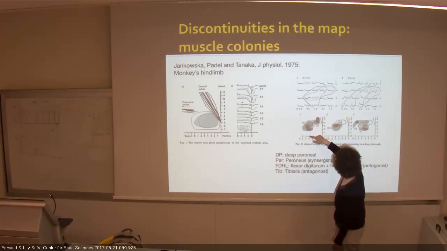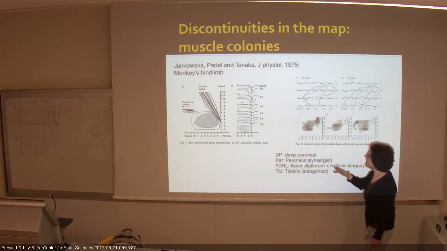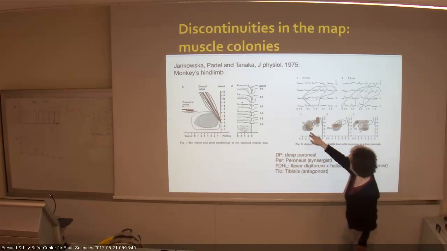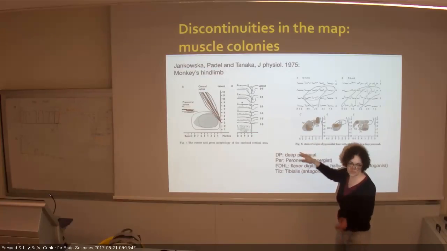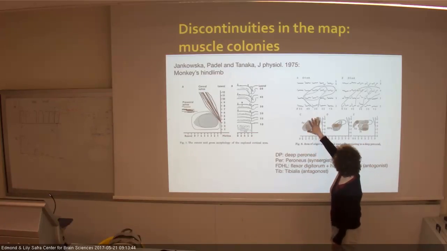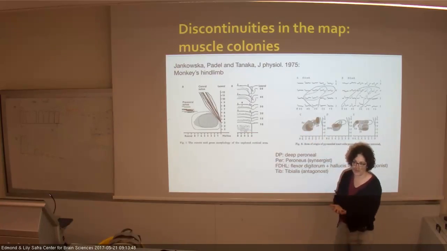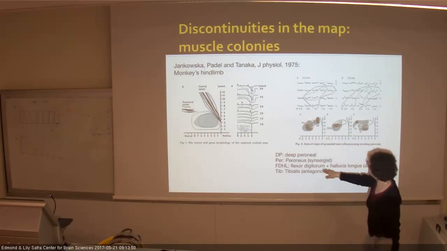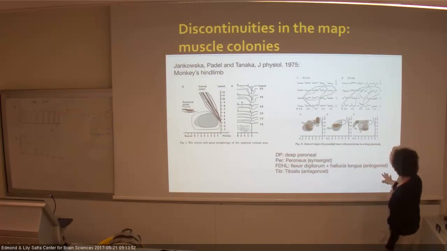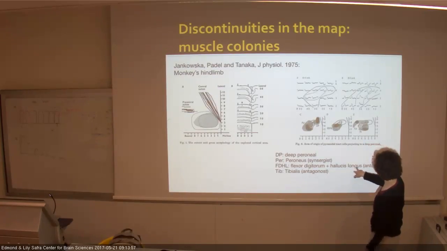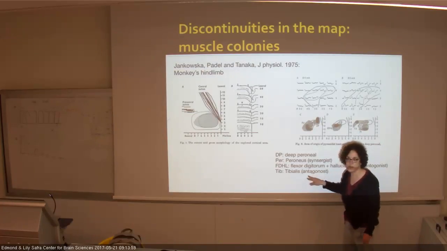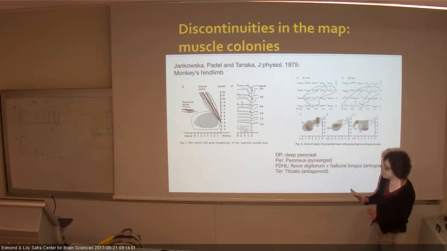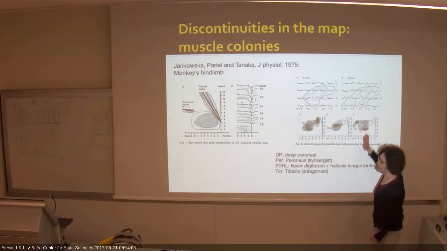In the continuous line, you see the input to these specific motor neurons, but if you compare it to areas that innervate the peroneus muscle, which is a synergist muscle, you can see, first of all, that peroneus has two patches of stimulation, and also there is a great overlap. But even if you look at antagonist muscles, like the flexor digitorum longus or the tibialis, still you can see that there is an overlap.